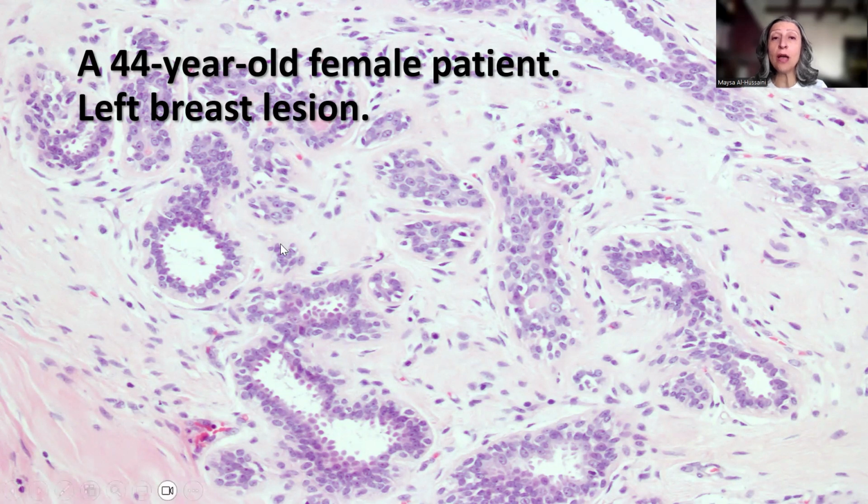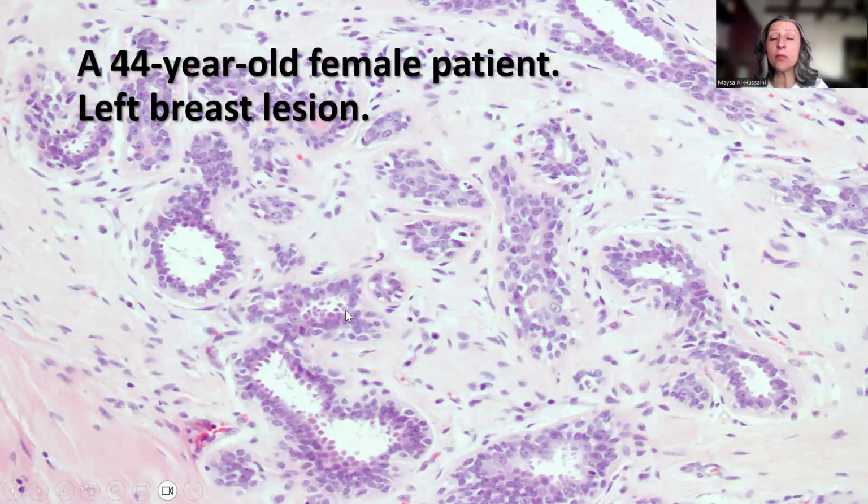And on this low power, almost intermediate power magnification, this is one example of almost normal terminal duct lobular unit. And as you can see, we have here the ducts, the terminal ducts, and we have here the acini. Both are lined by a single layer of epithelium and a single layer of myoepithelium.